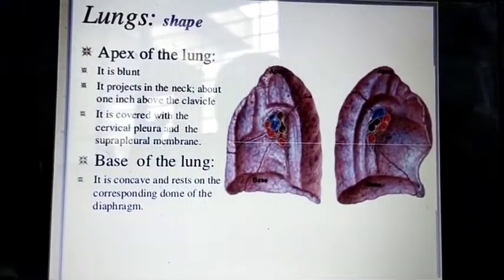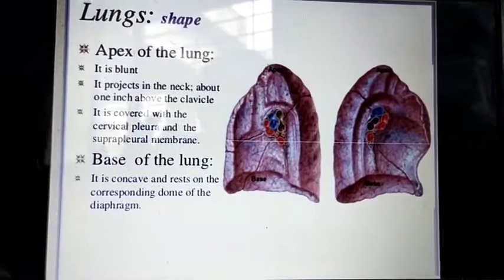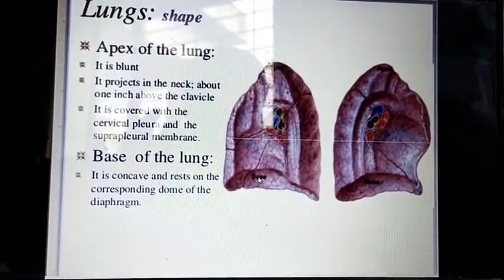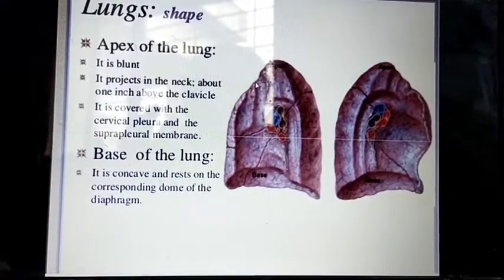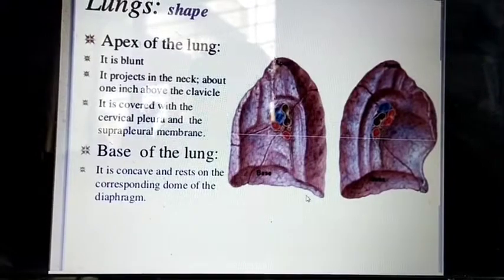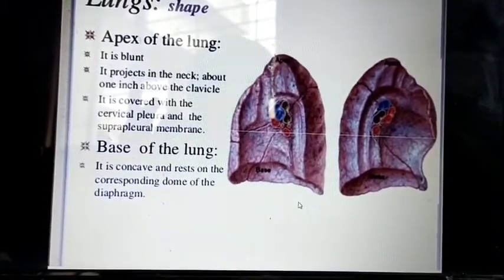Okay, the shape of the lung is conical. You can see this is the apex, this is the base, this is the anterior surface, this is the posterior surface, and this is the inferior surface.